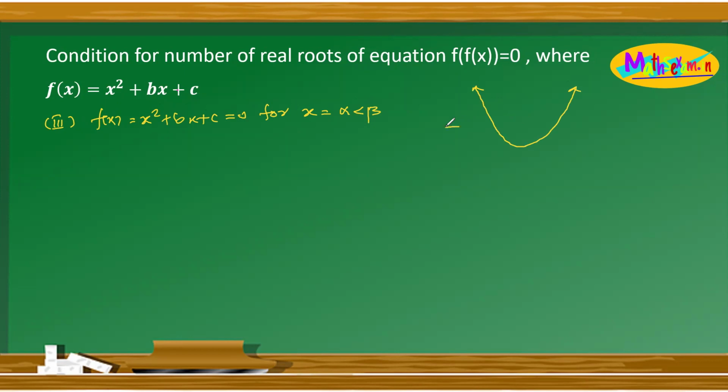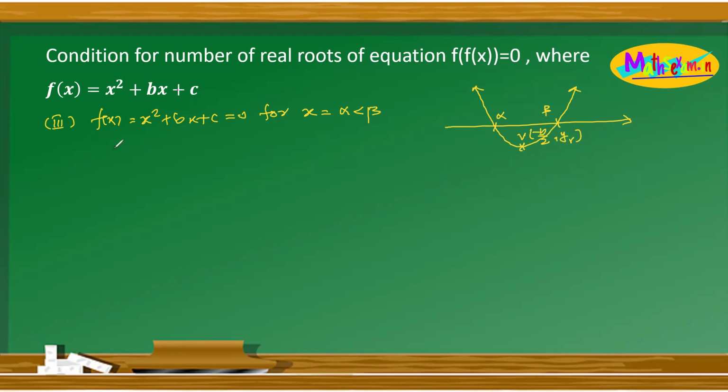That is, it is cut by the x-axis at 2 distinct points, alpha and beta. And let us say the lowermost point, which is the vertex, the x coordinate of this is minus b by 2. And the y coordinate, let me call it as v of y.